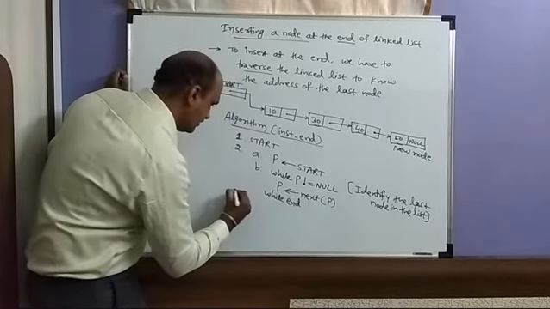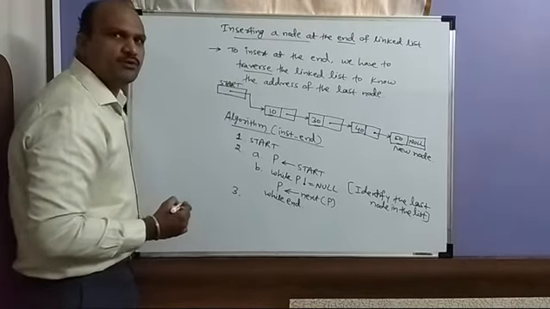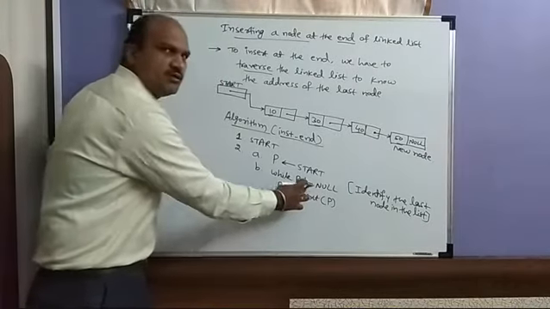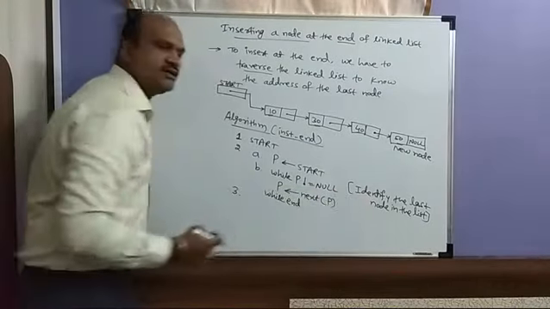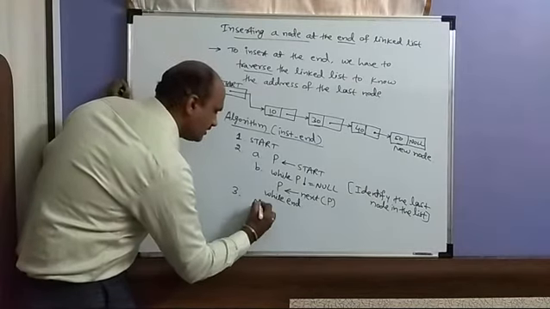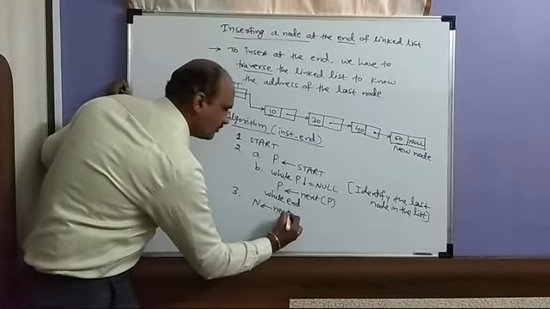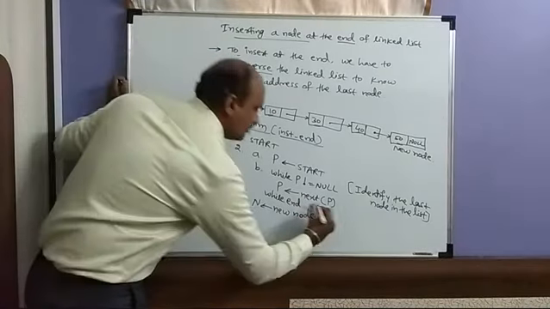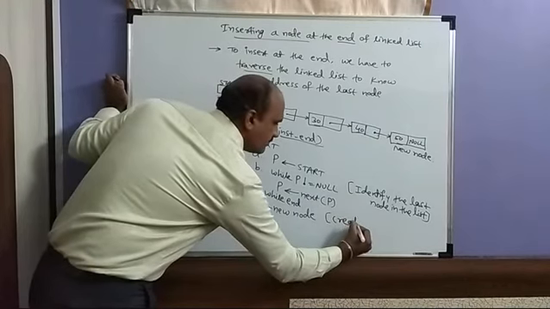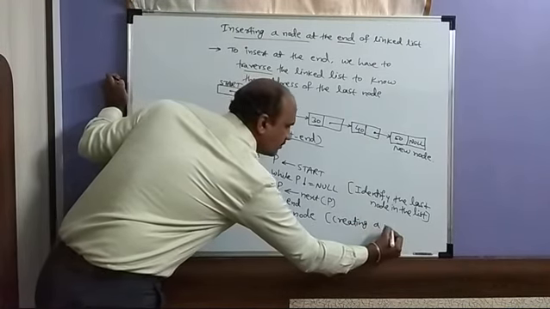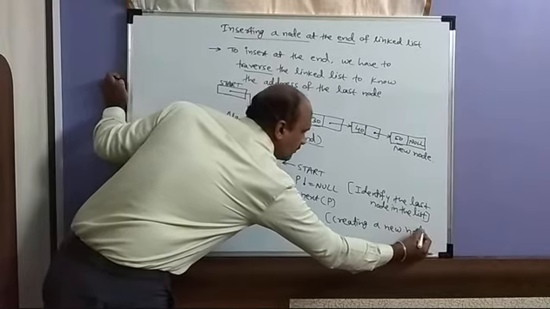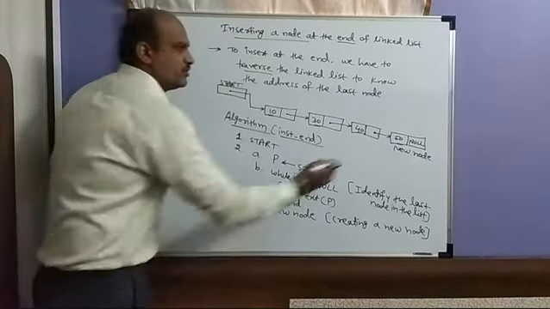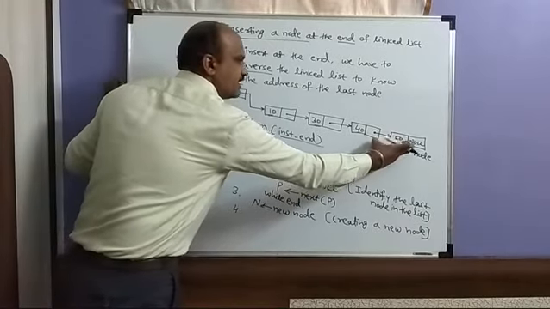Third step, now what do you have to do? You are creating a new node, where exactly you identified the node ends. Creating a new node N. Then in that new node, there are two fields, as I told you: data and link.